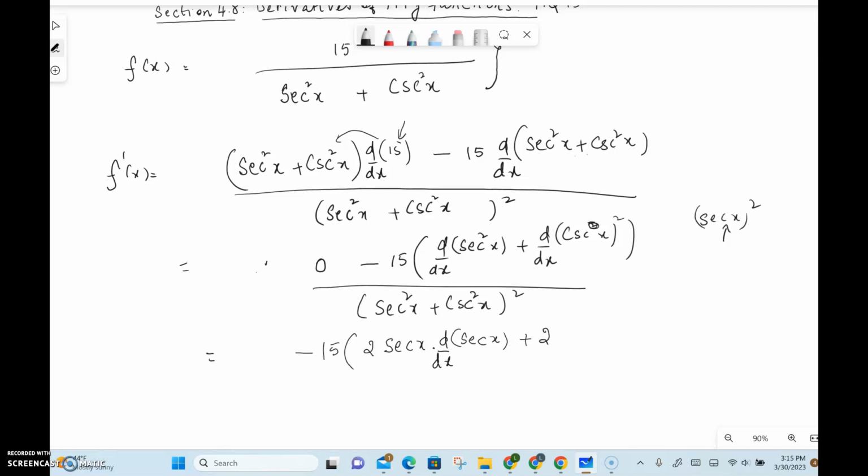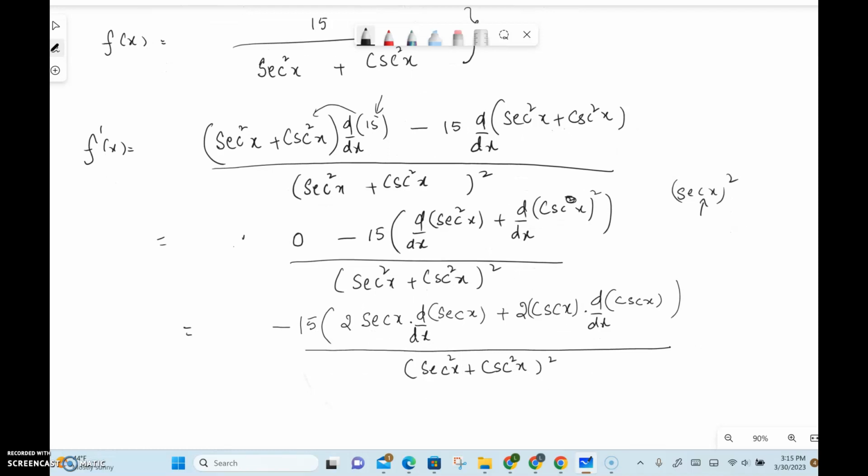So it's going to be 2 cosecant of x times d by dx of cosecant of x, the whole divided by secant squared of x plus cosecant squared of x the whole squared.